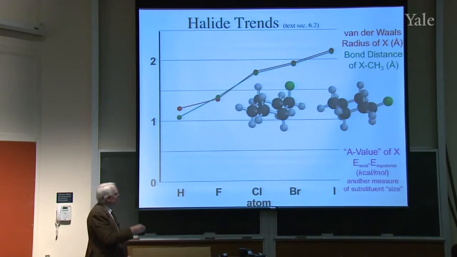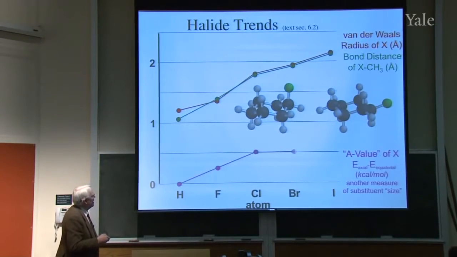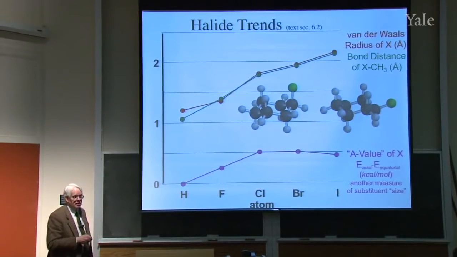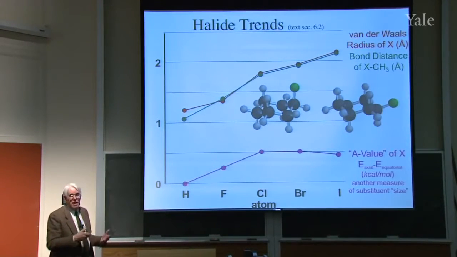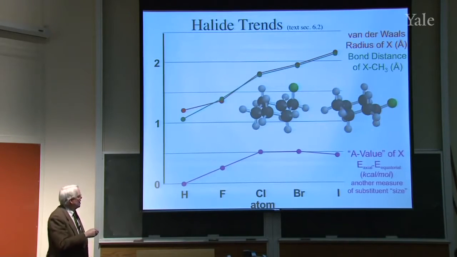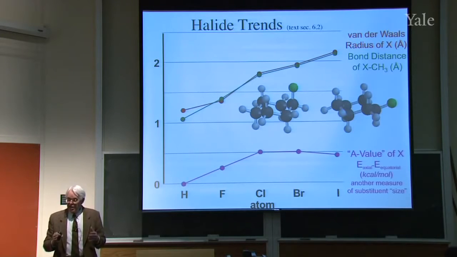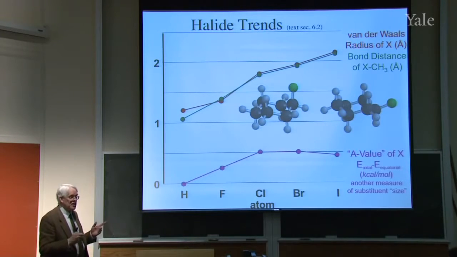Right? So it's E axial minus E equatorial in kilocalories per mole, so that measures substituent size. Now, here are the values for the halogens and hydrogen, incidentally, which is defined as 0 because you're comparing hydrogen with hydrogen. Okay, so here it is. And again, you see it's not monotonic. It goes up and down. So there must be two things involved.